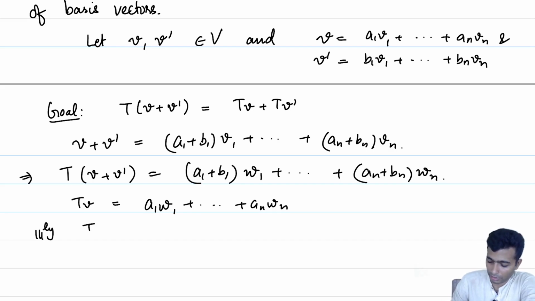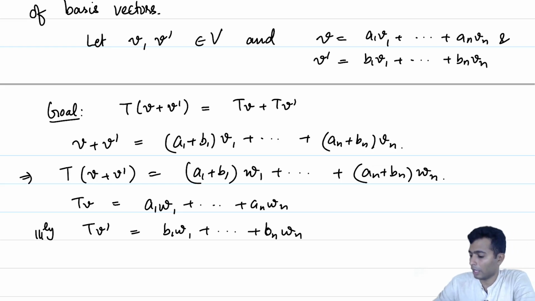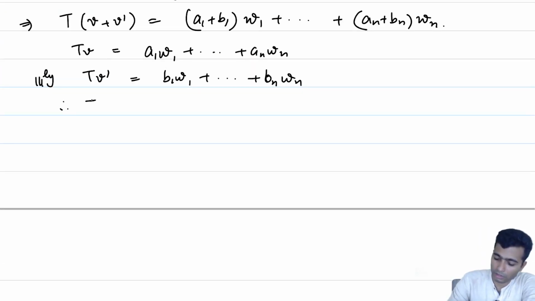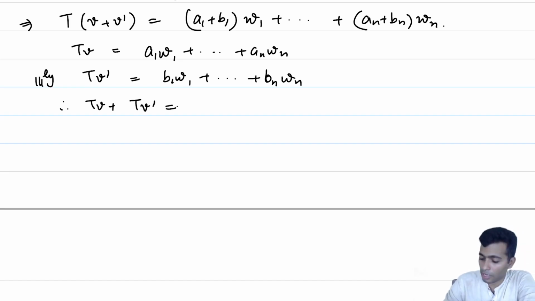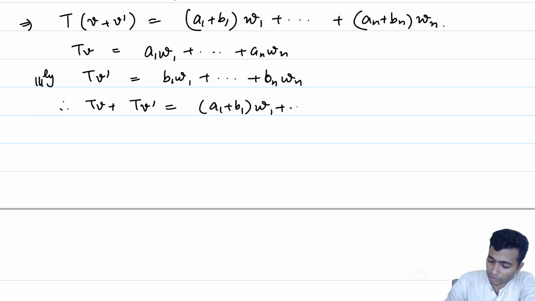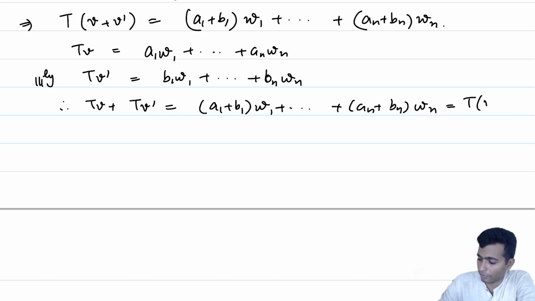Similarly, T of V prime is B1 W1 plus up to Bn Wn, and therefore TV plus TV prime, after all the manipulations, is (A1 plus B1) W1 plus up to (An plus Bn) Wn, which is equal to T of V plus V prime.